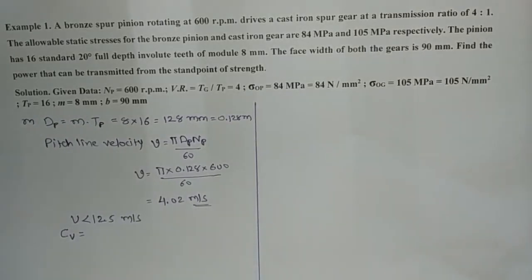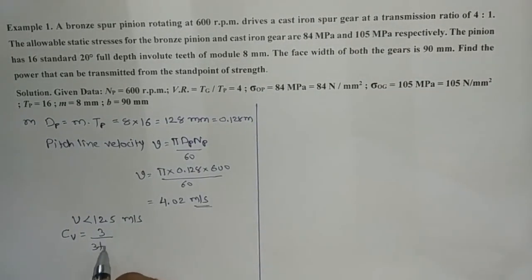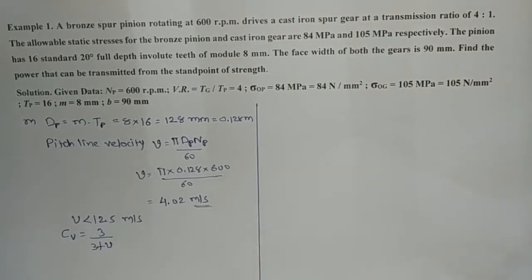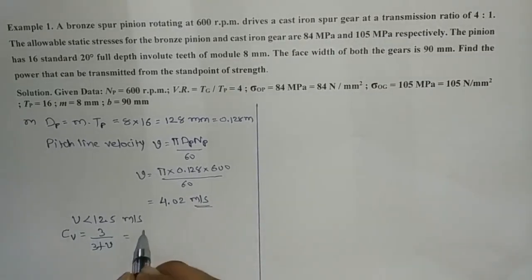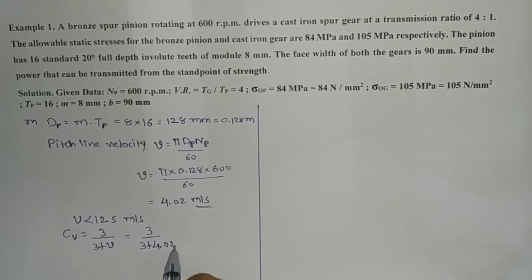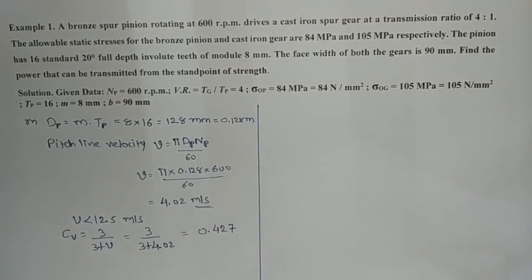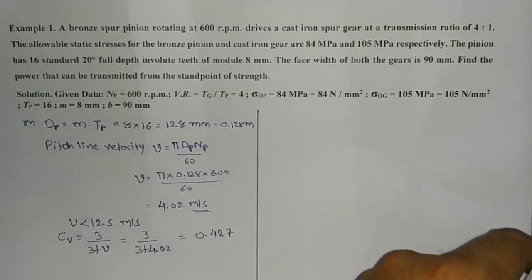Therefore the equation of Cv is equal to 3 upon 3 plus V. So we can say 3 upon 3 plus 4.02 is equal to 0.427. So Cv is equal to 0.427.